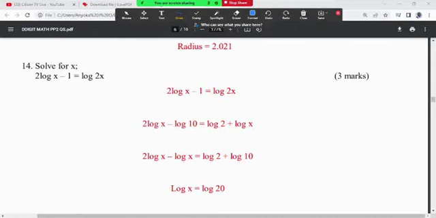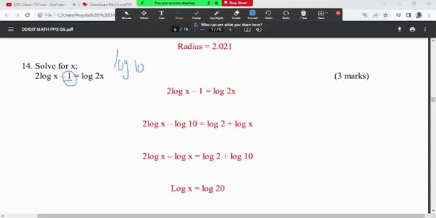Let's introduce, when we have 1, we can introduce a log there. 1 is the same as log 10 to the base of 10. And when the base is not indicated, we always know that the base is 10. So where there is 1, we replace it with log 10.